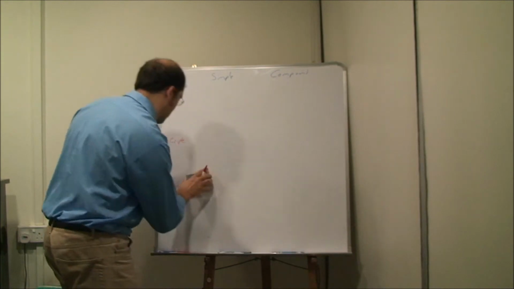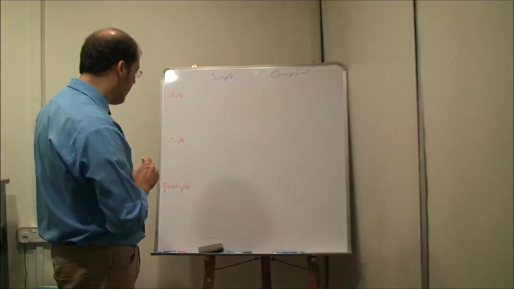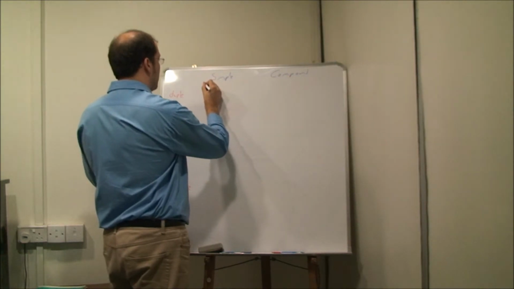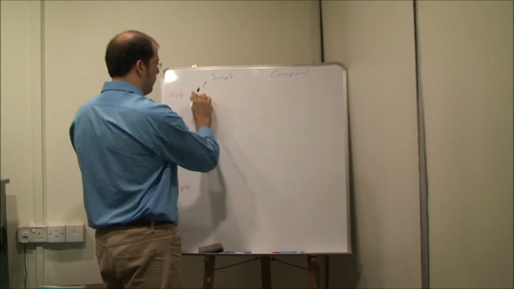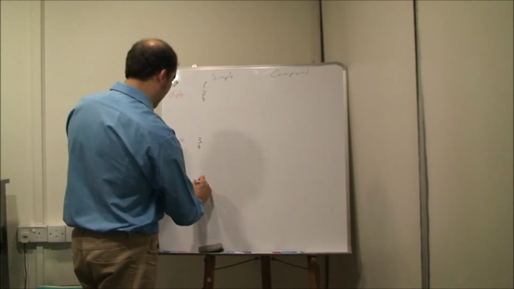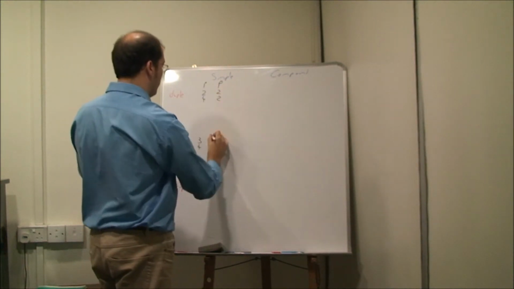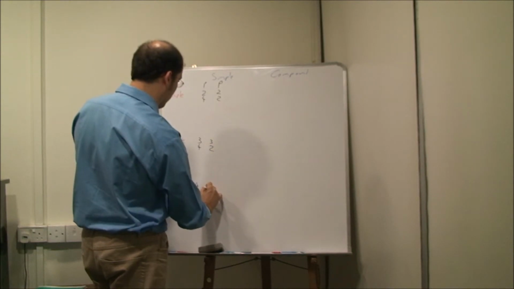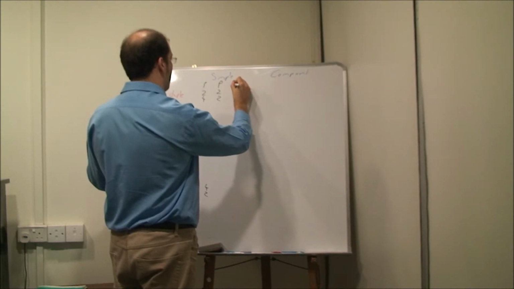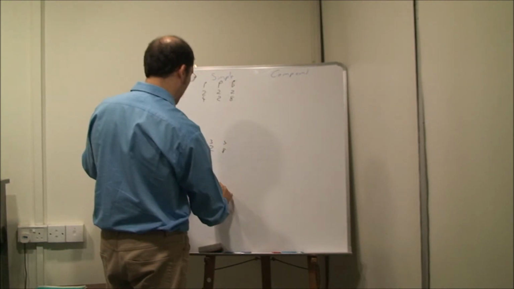Then, let's say our beat is crotchets. Then we'll go for 2 beats a bar, that's 2, 4, 3 beats is 3, 4, and 4 will be 4, 4. And for minims, it'll be 2, 2, 3, 2, 4, 2, and let's say quavers is the other one. So 2, 8, 3, 8, 4, 8.